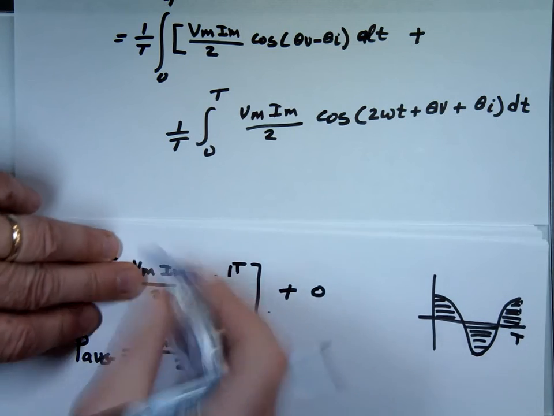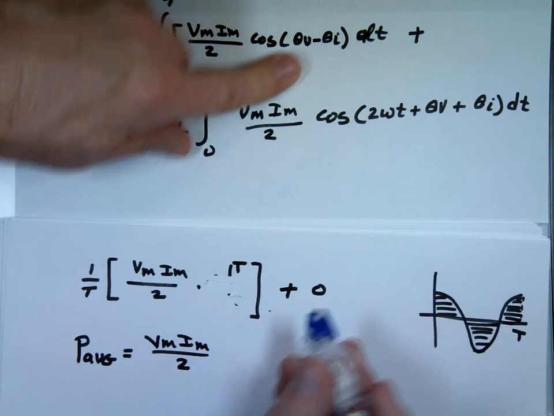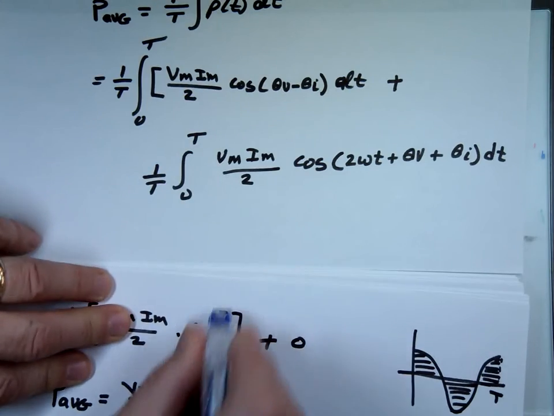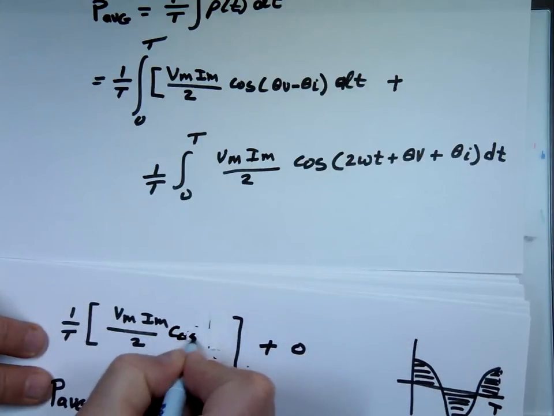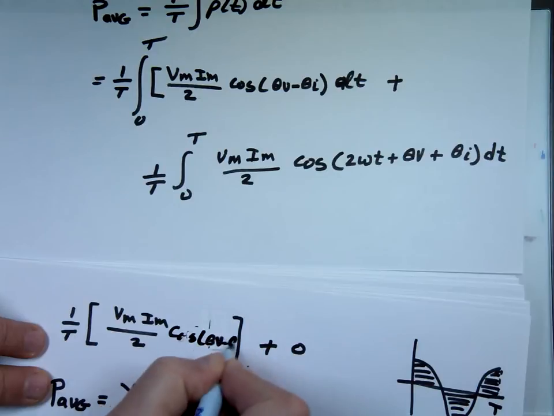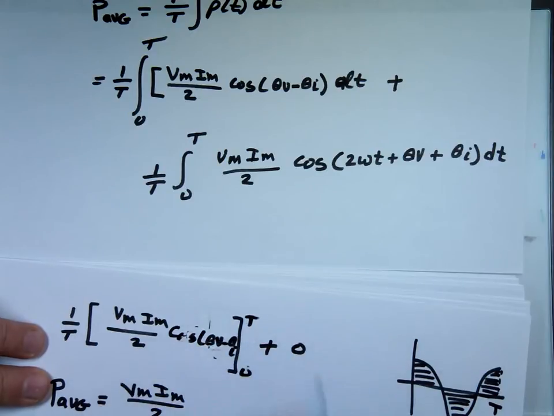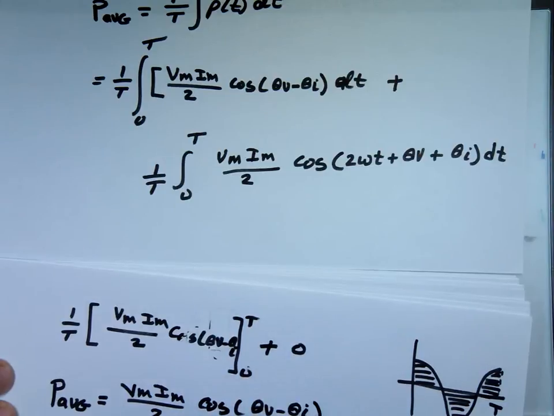There's the cosine in that piece, and I left it out. Cosine θV minus θI. So this will be cosine θV minus θI. That's the average power.